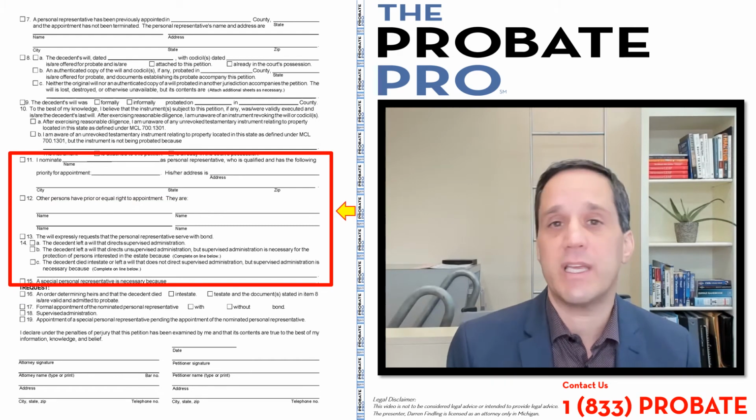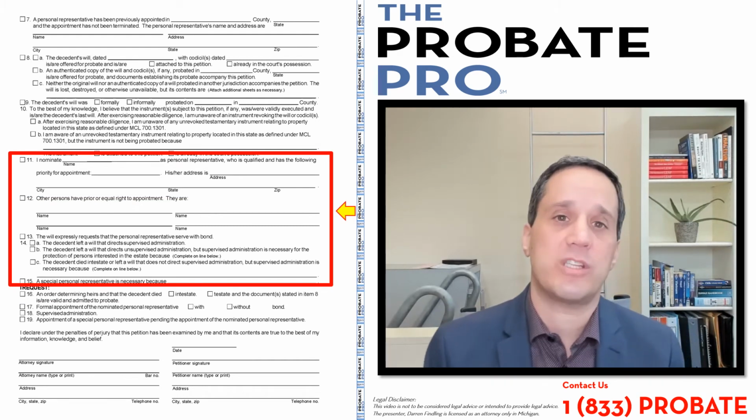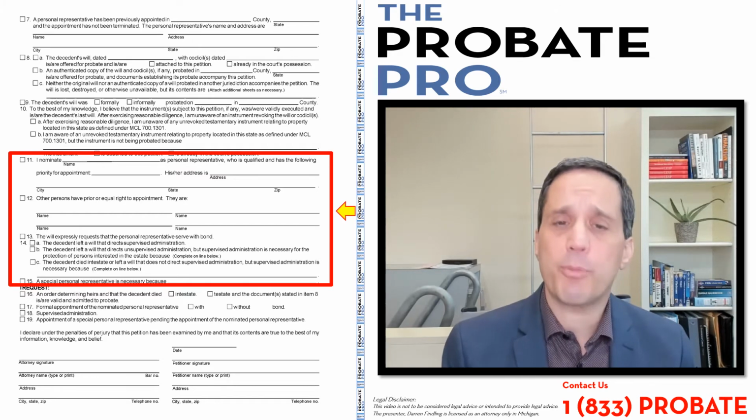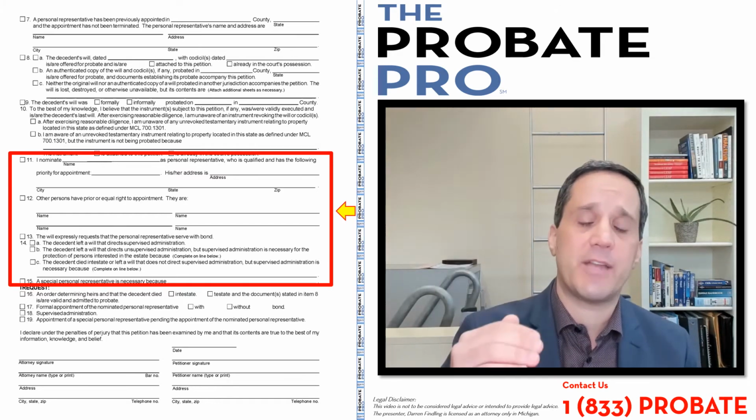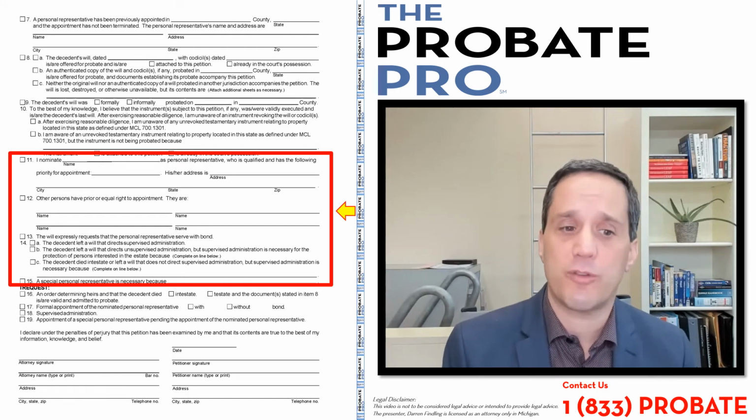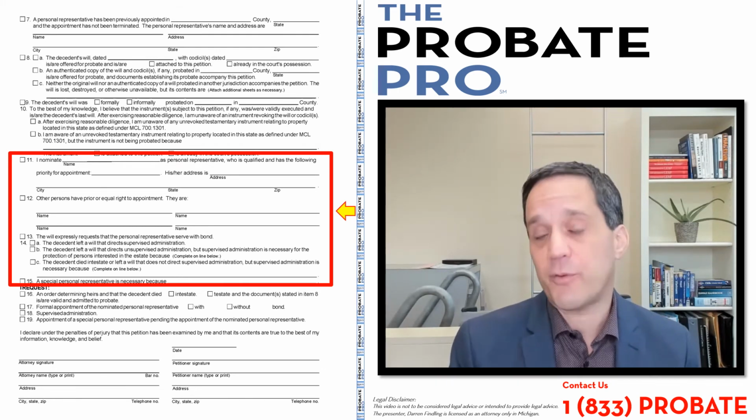Section 11 is really the part that asks the court to identify and name a personal representative. So the priority of appointment is set forth by statute. For example, if somebody's nominated in the will, they have the highest order of priority as long as they're suitable and, of course, alive.